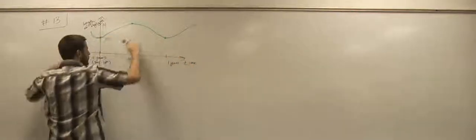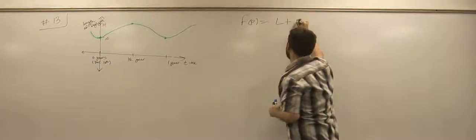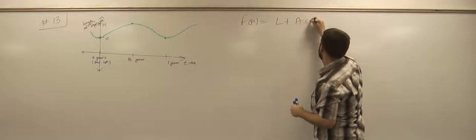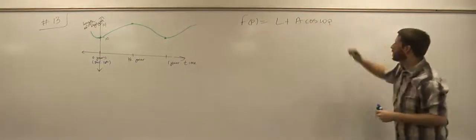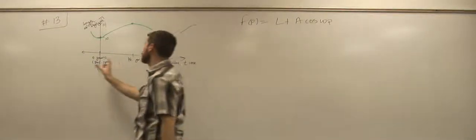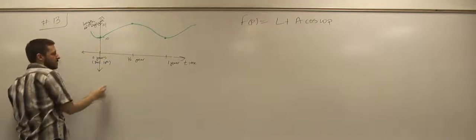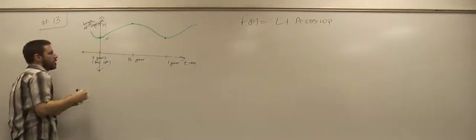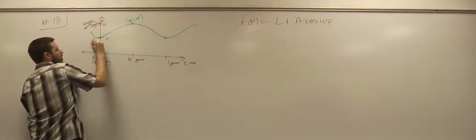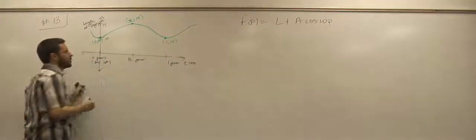So this function we're going to write as f of p, where p represents the proportion of a year that has passed. So when p is 1/2, we'll be up at 14. When p is 0, we'll be down at 10. And at 1, it's 10 again.